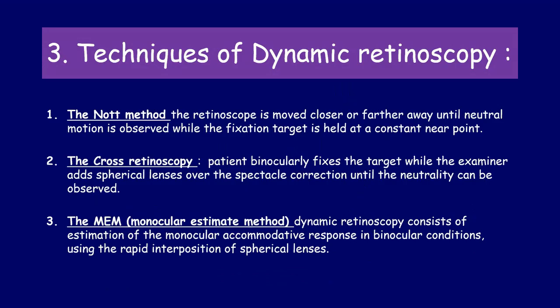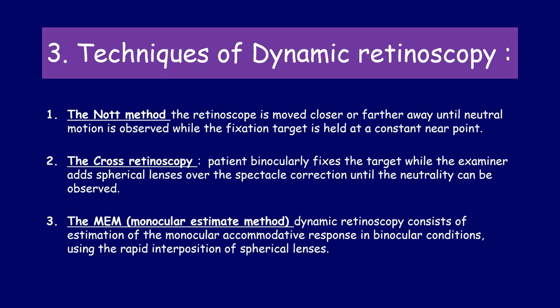So the three techniques: in the Nott method, the retinoscope is moved closer or further away until neutral motion is observed, while the fixation target is held at a constant near point.